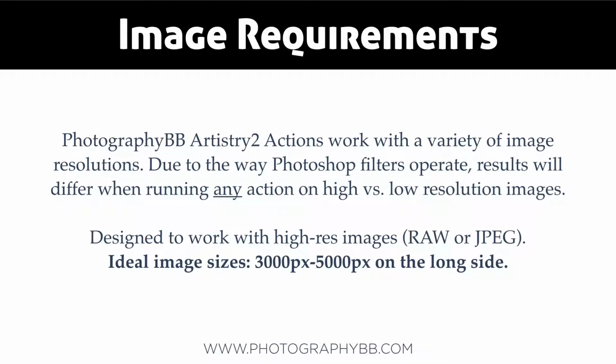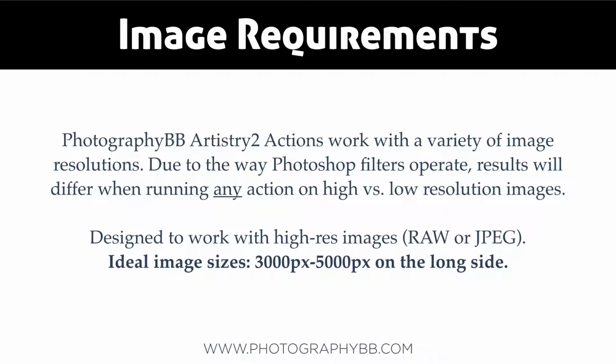Our PhotographyBB artistry actions are designed to work with a variety of image resolutions and sizes. However, due to the way that Photoshop filters work, the results will look different when running any Photoshop action on high-res images versus low-res images. We have designed the actions to work with high-res images, either RAW files or JPEG files, shot with a DSLR camera.